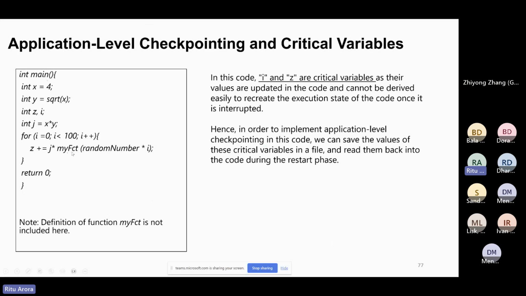FCT is short for function, like JCT is short for junction. I haven't shown this function on the slide, but it's using some random number to calculate the value of the variable z. It's returning a certain value which is multiplied by j, and that's how we compute z. So in this code, we should be saving the value of i and z to recreate the state of the application at a later point. And hence i and z become our critical variables.